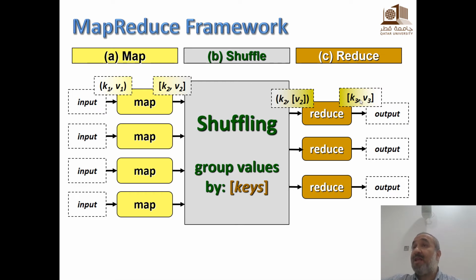The output is a list of things. Yes, it's 0 or more records. That's the output. Oh no, that's the input. Maybe I misunderstood your question. The input is just one pair, but the output can be 0 or more. And they don't even need to be of the same type as you see here. It's K3 and V3 generally. Of course, they can be the same, but generally they might not be.